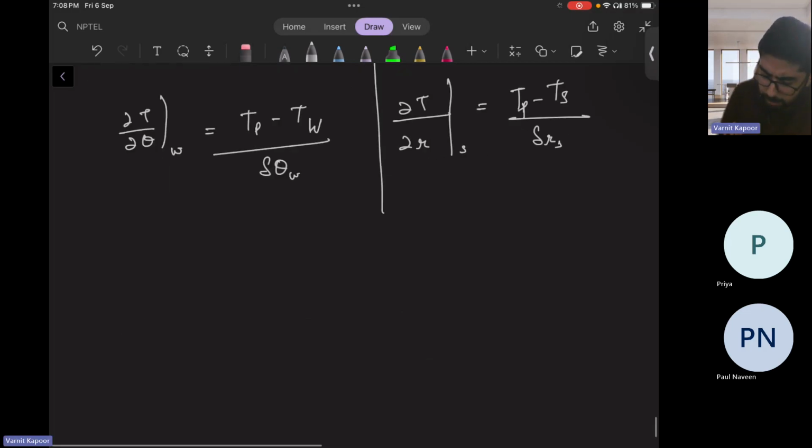Source term is again linear source term assumptions we have taken. That is SC plus SP.